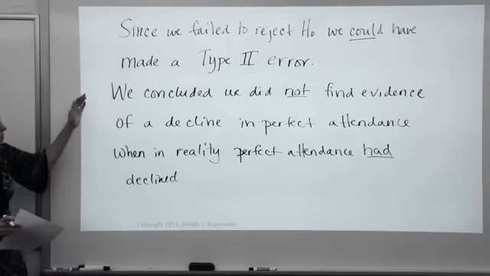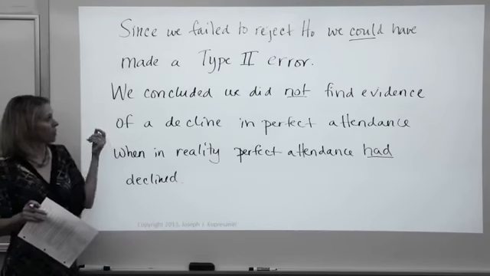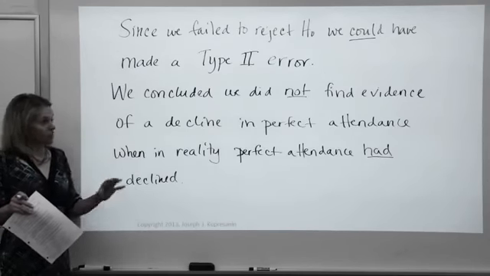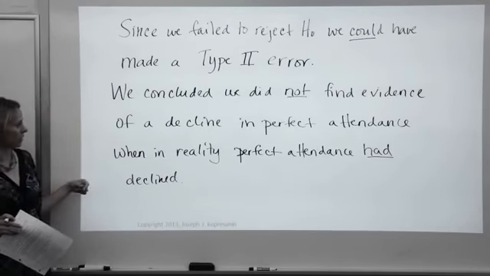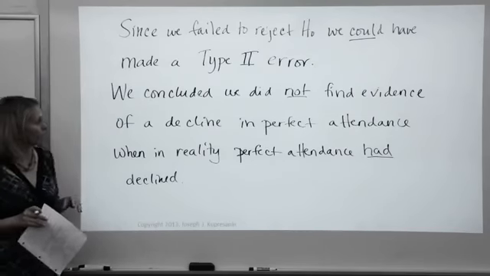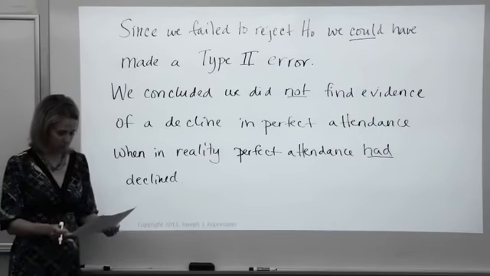All right, so again, a type 2 error in the context of this problem: we did not find evidence that perfect attendance had declined when it actually had. So if that's the case, then we would have committed a type 2 error.